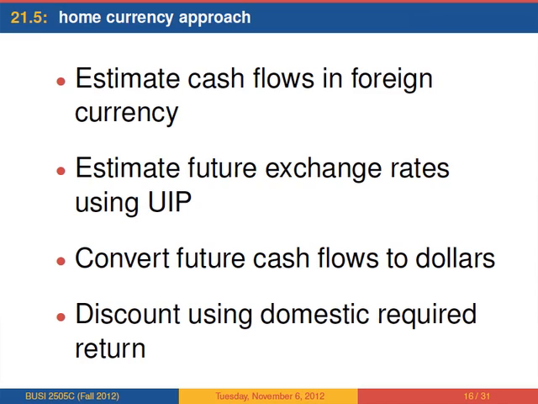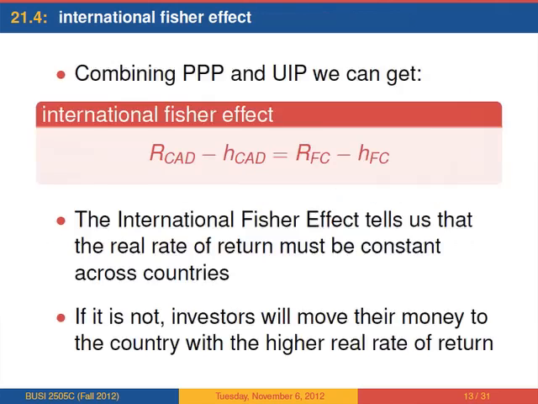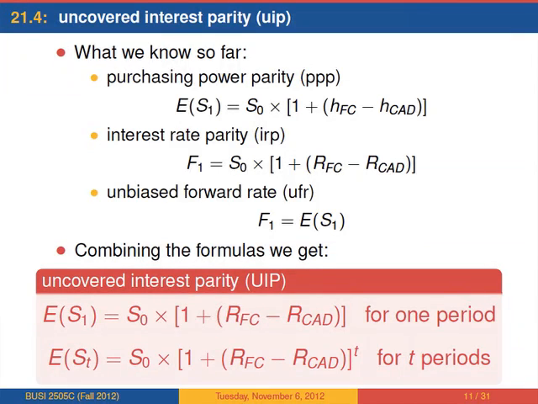With the home currency approach, first you estimate the cash flows in that foreign currency. Then you estimate the exchange rates for each of the future cash flows at each time period, using what we've done so far. UIP is this equation, right? E_ST is the spot rate times the ratio of the foreign interest rate and the domestic interest rate to the power of how many years you're looking forward.